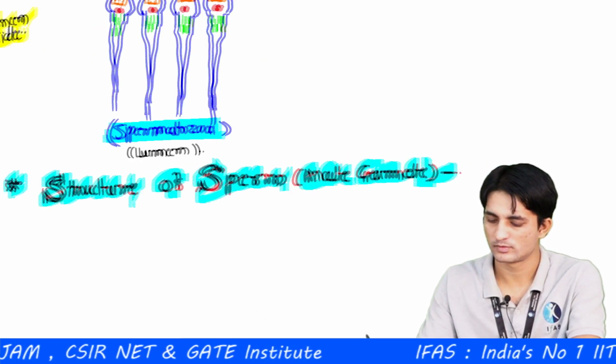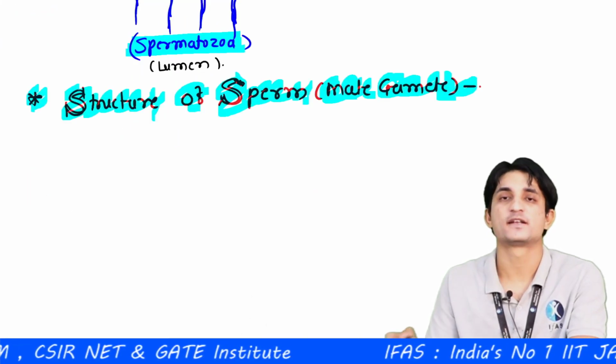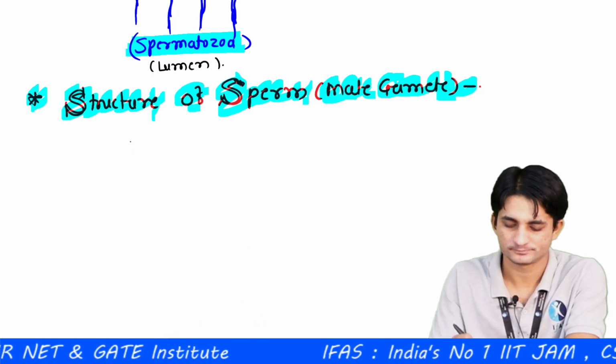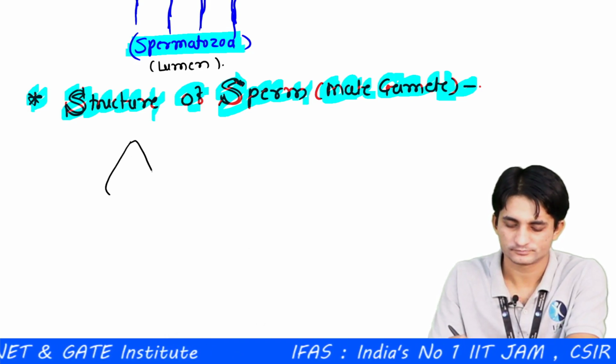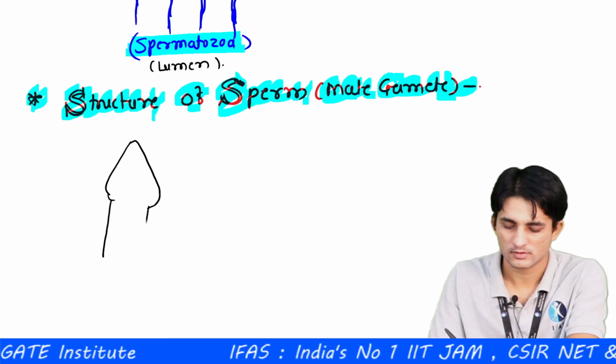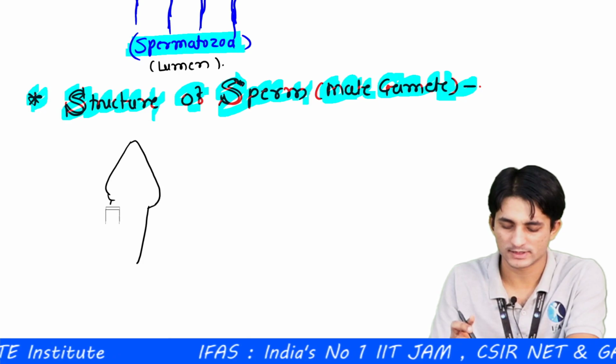Now in the structure of sperms, the body of the sperm is divided into 3 parts.